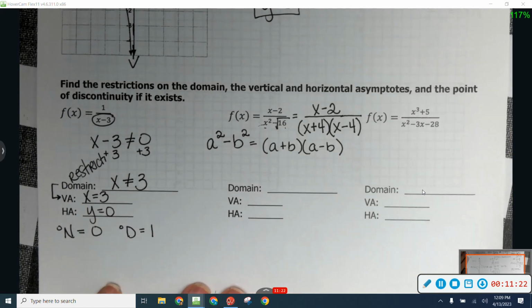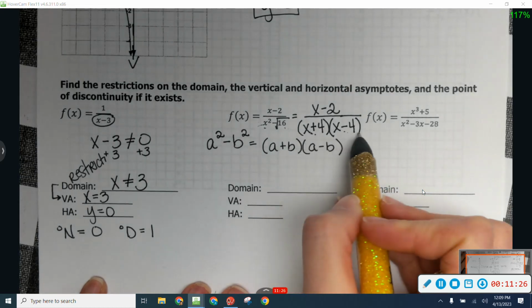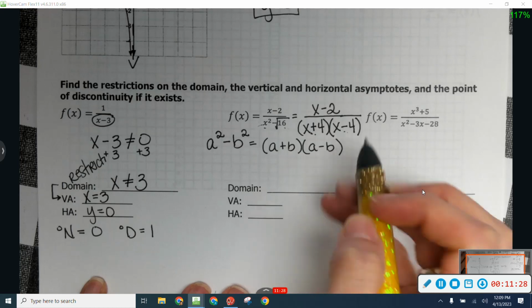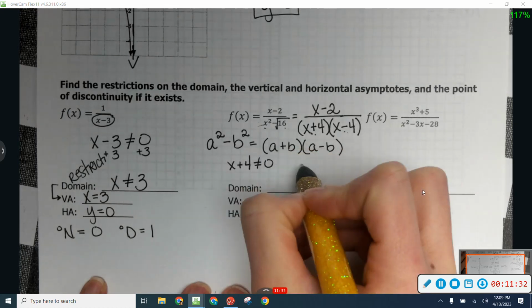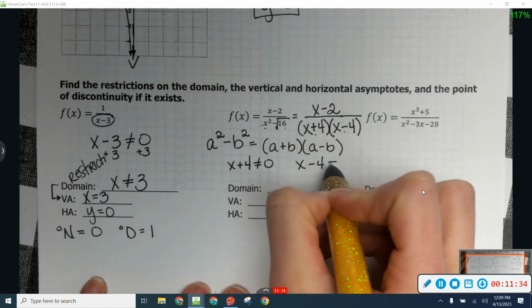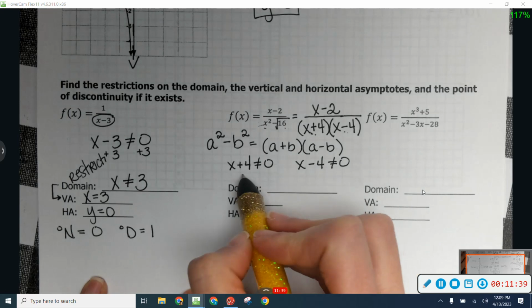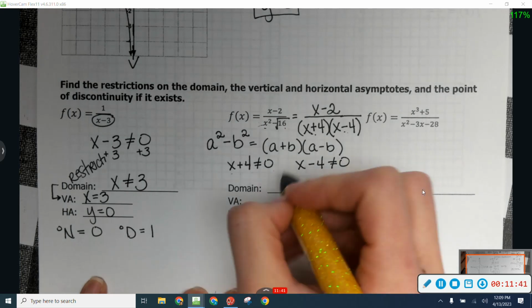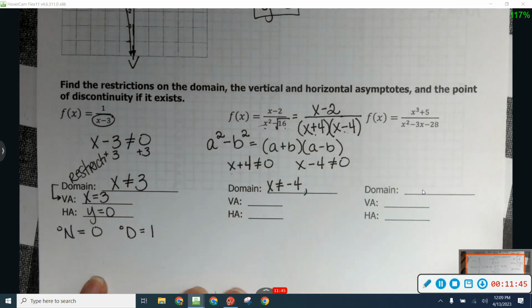You have to factor it. Okay? So now I have 2 parts to my denominator, so that means I'm going to have 2 restrictions on my domain. X plus 4 cannot equal 0, and x minus 4 cannot equal 0. Okay, so if I have x plus 4 equals 0, I would subtract my 4, and it would tell me x cannot equal negative 4. And then x minus 4 cannot equal 0.